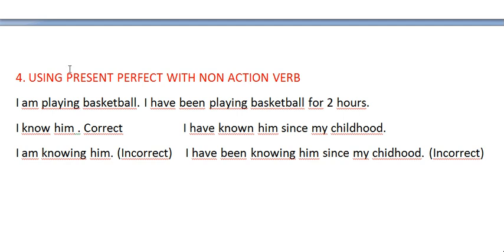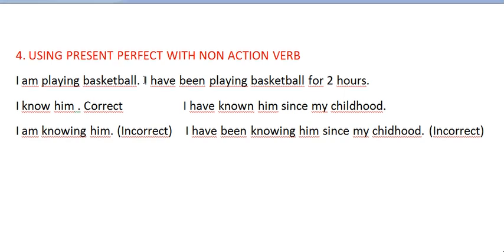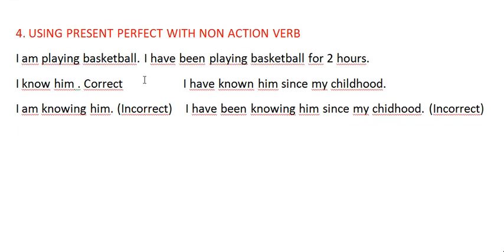And the last topic is using present perfect tense with non-action verbs. So what's a non-action verb? It's like a static verb. You don't see the action. With the action verb, let's take this sentence first. I am playing basketball. This is an action verb.